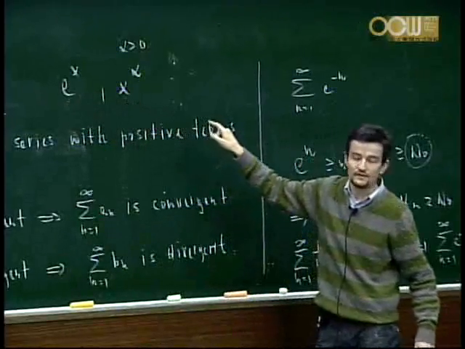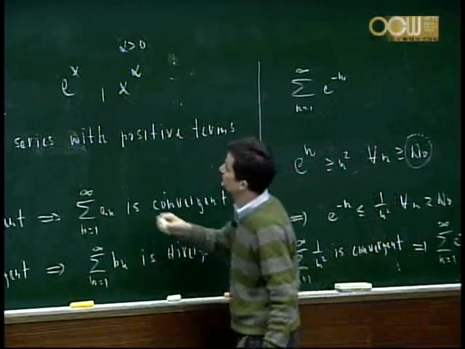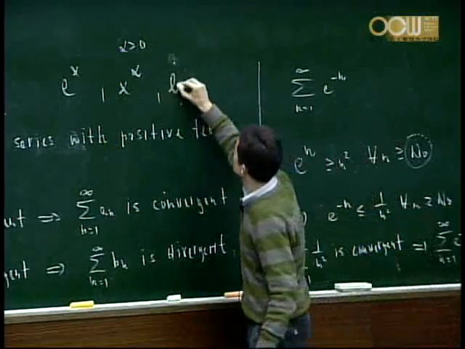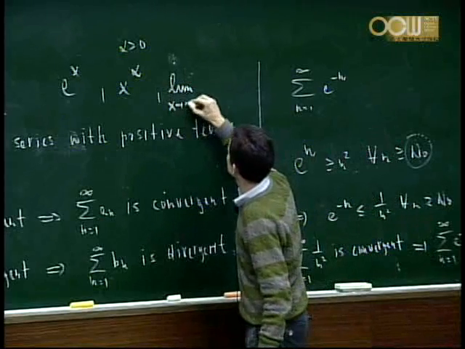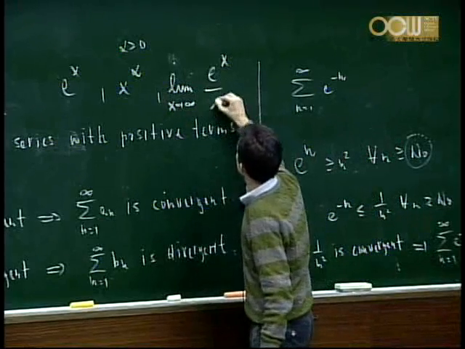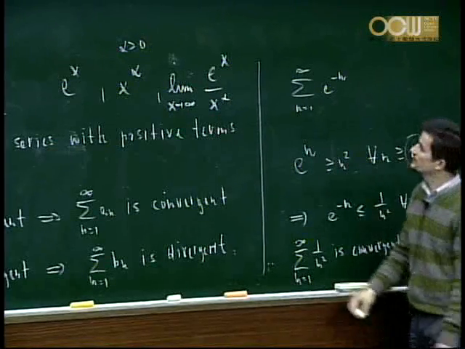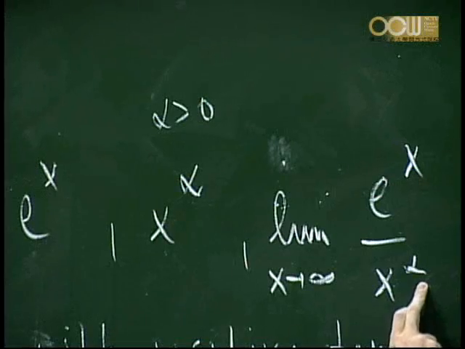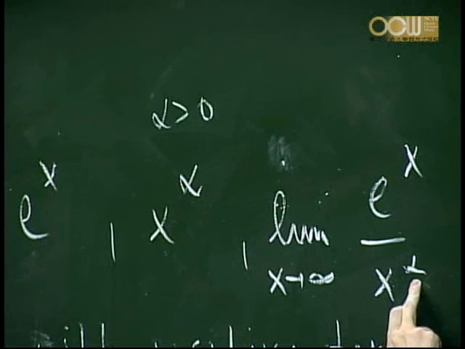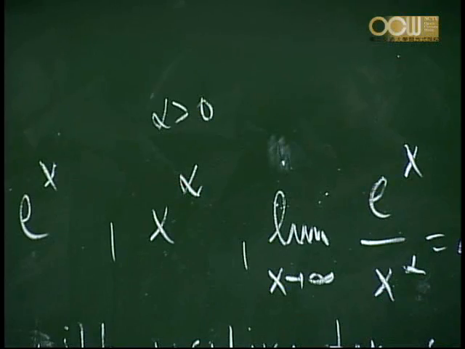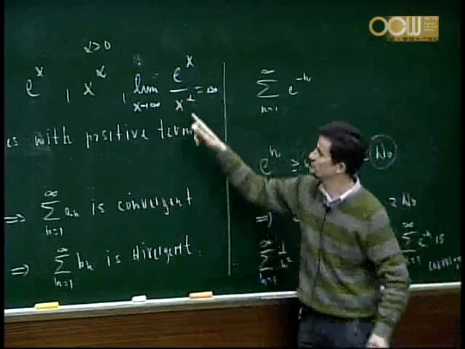What do I mean by the growth of this function is much larger than this one? Precisely speaking, I mean that if I compare those two, then no matter how large your alpha is, you can choose it 1,000, 10,000, this limit will always be infinity, because this function grows much faster than this one.